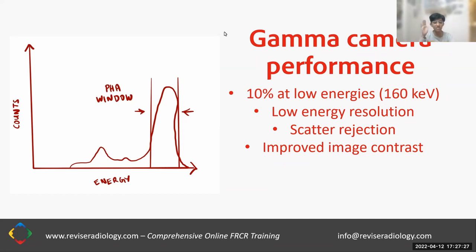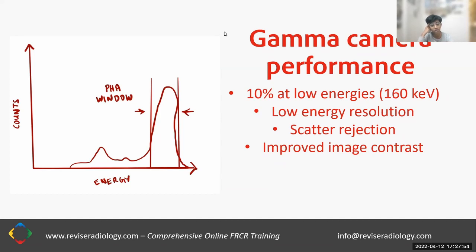We look at the center of that peak and see how much information we should take from either side of the peak in order to get a good image. That's the energy resolution. For this type of imaging, 10% energy resolution at low energies such as 160 kilo electron volts is usually sufficient. So a low energy resolution is sufficient.